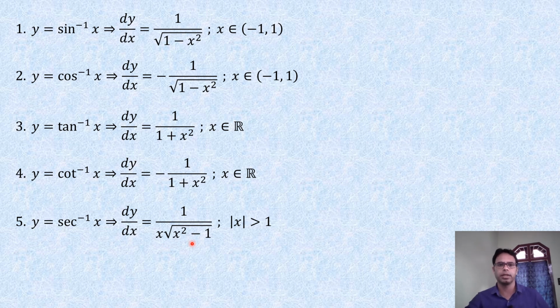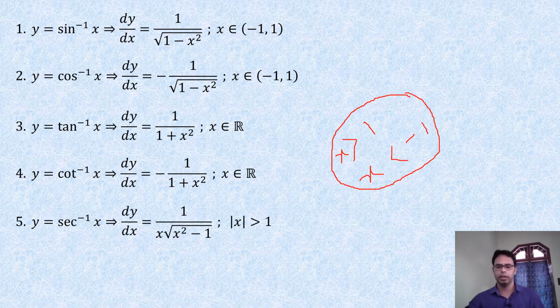x square minus 1, where mod x greater than 1. Mod x greater than 1 means x is greater than 1 and x is less than minus 1; both of these conditions are included here.